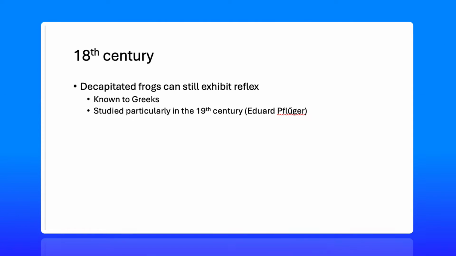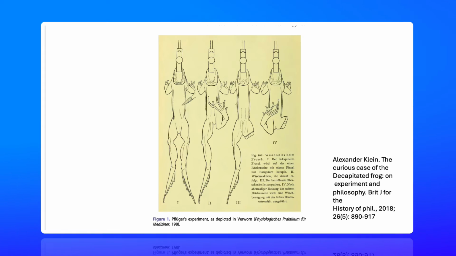Also, this was also thought to have been known by the Greeks. The studies on decapitated frogs were done extensively by Dr. Eduard Pfluger from Germany. In this diagram, you can see an experimental finding of Dr. Alexander Klein.